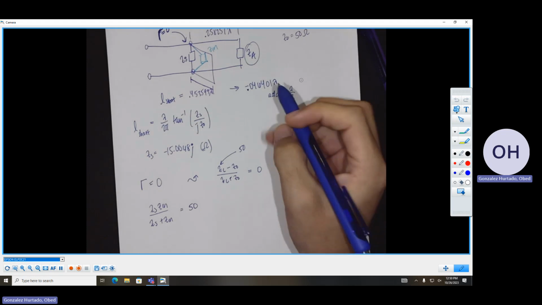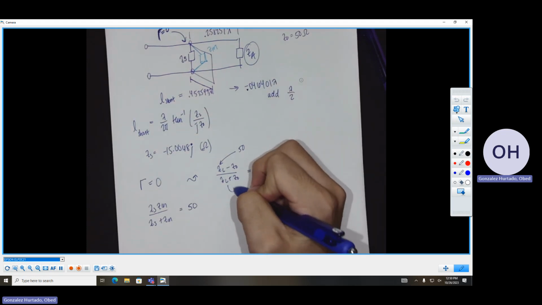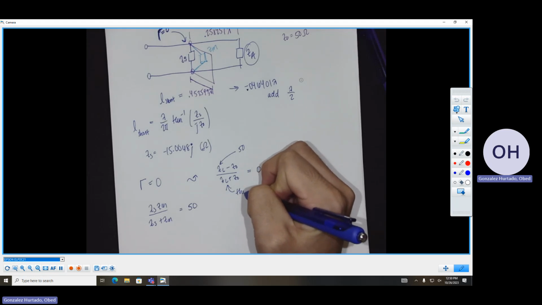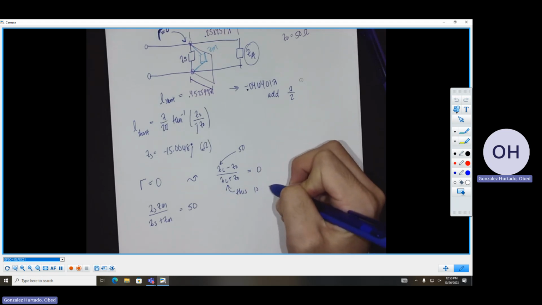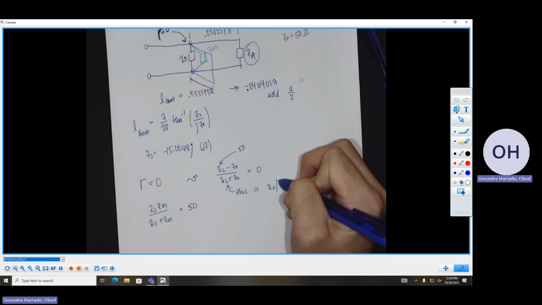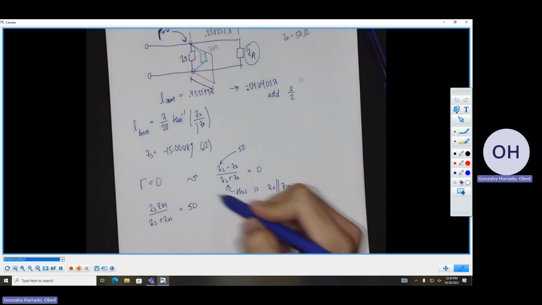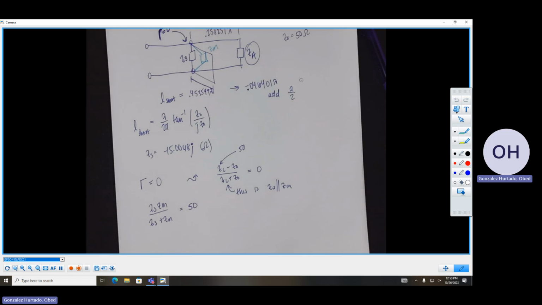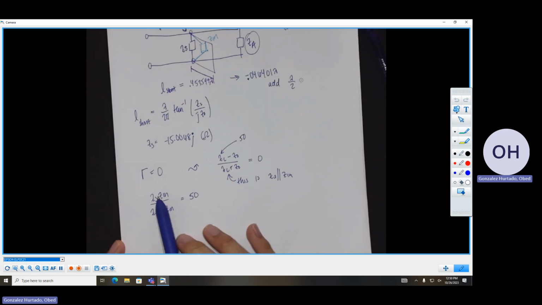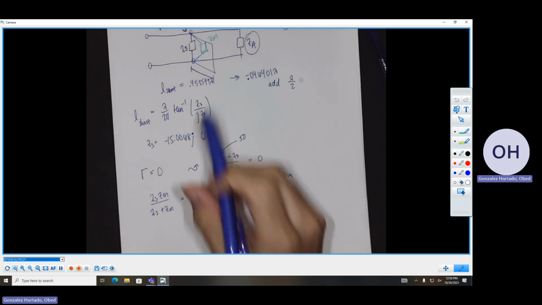Say ZL is ZS parallel with ZN. Sorry for repeating. This ZL, in this statement, at this current point. And also confirming Zn is the input impedance of Za.